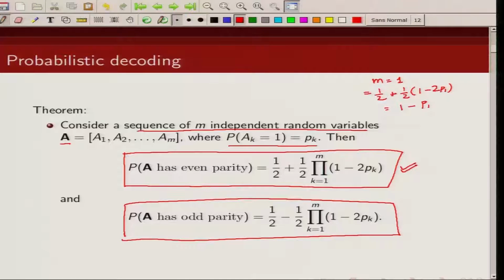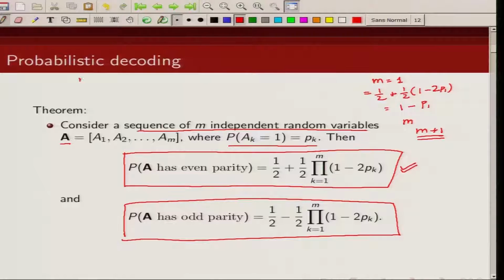Now, let us assume it holds for some m. Then we have to show that it also holds for m plus 1. If it holds for m, to show that it holds for m plus 1, we have to find the probability that a sequence of m plus 1 independent random variables has even parity. When will the m plus 1 independent random variables have even parity?